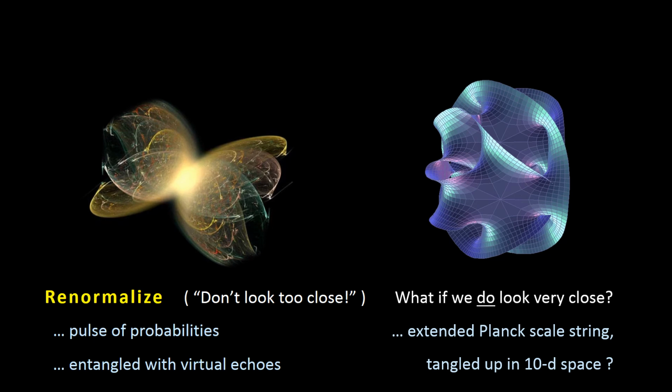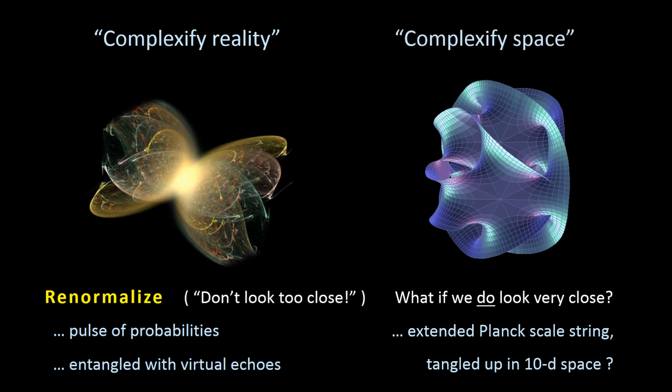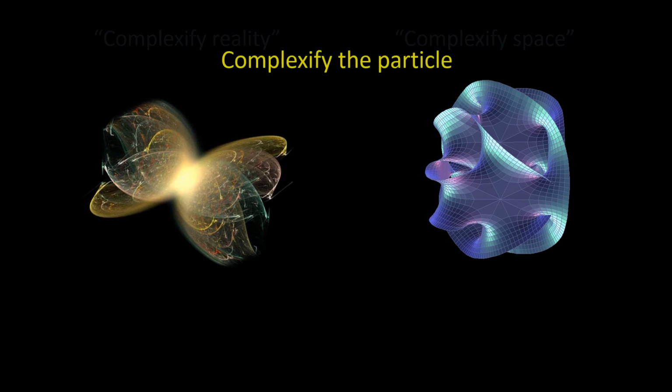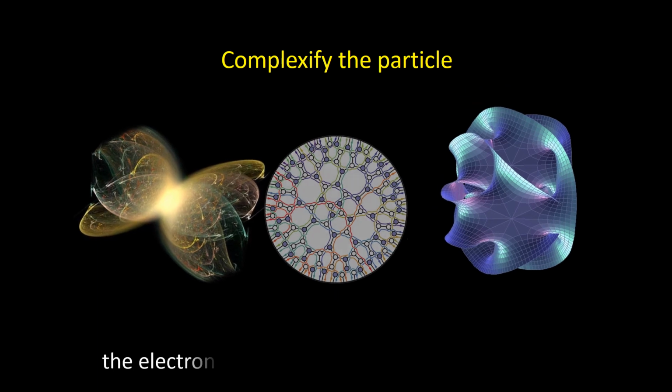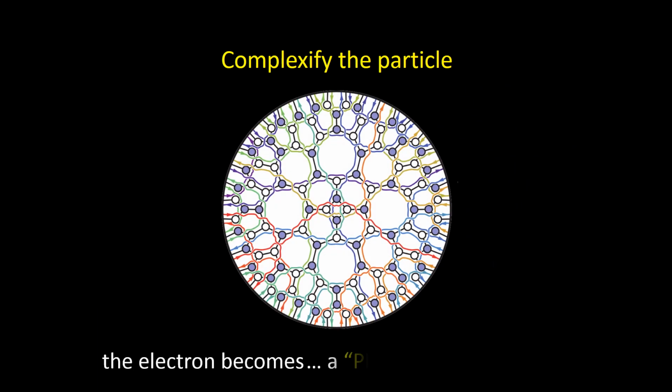Of these two currently popular but incompatible schemes, one requires that we complexify reality, the other that we complexify space. The Urantia Book suggests a third possibility: complexify the particle. In this Urantia Book scheme, the electron becomes a truly fabulous Planck-scale machine.